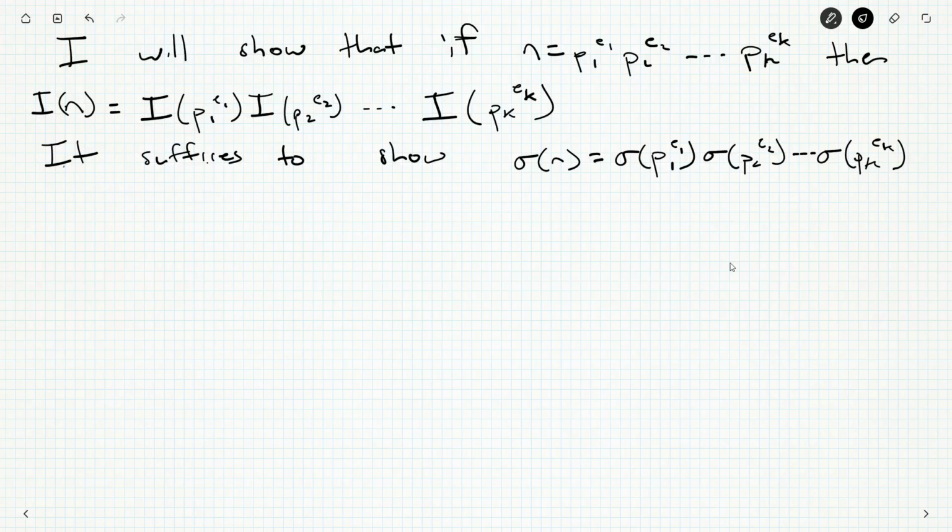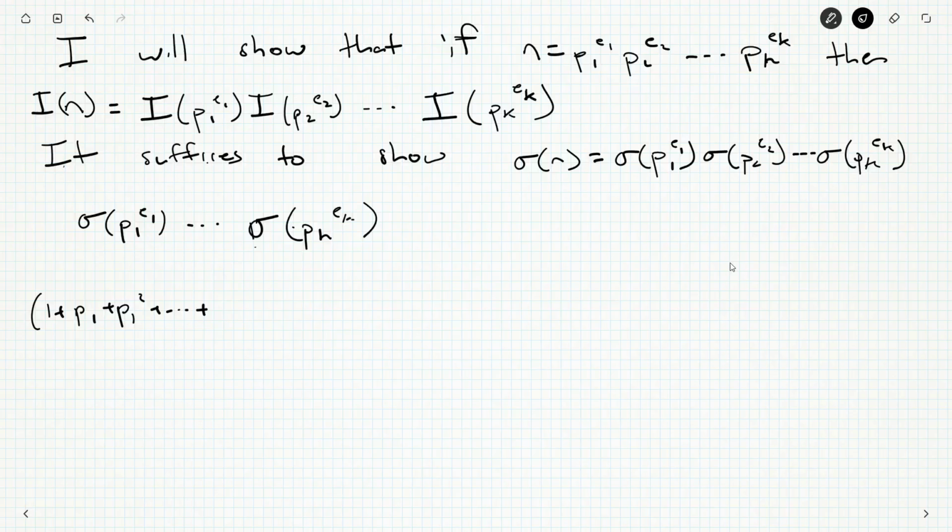Well, so sigma p1 to the e1 all the way up to sigma pk to the ek, that's really just equal to 1 plus p1 and so on, and then we're also going to have the p2s, and then all the way up to 1 plus pk up to pk to the ek. Okay.